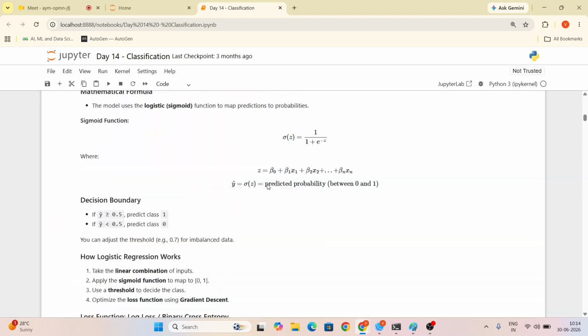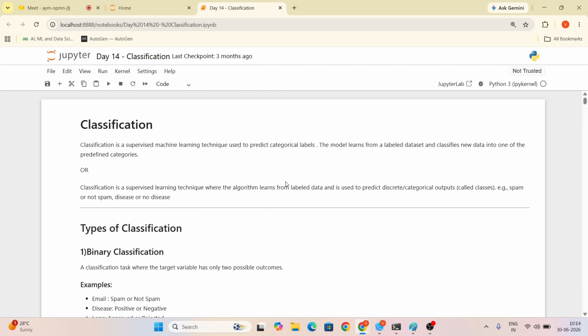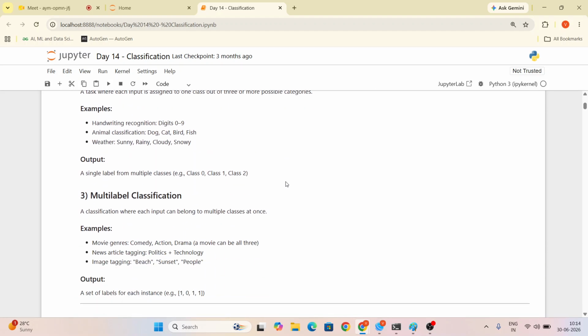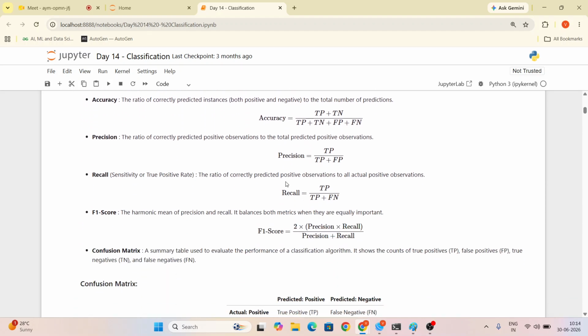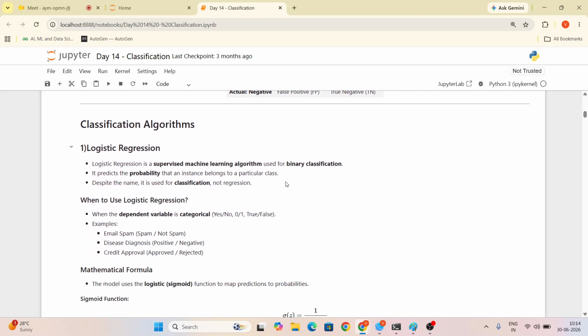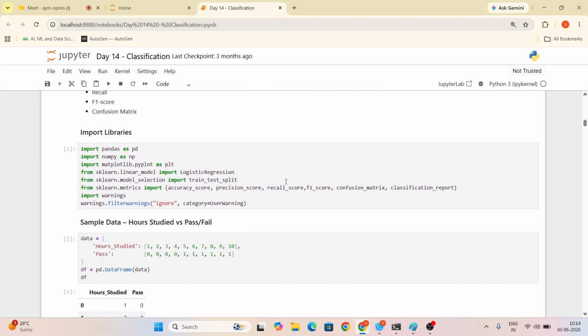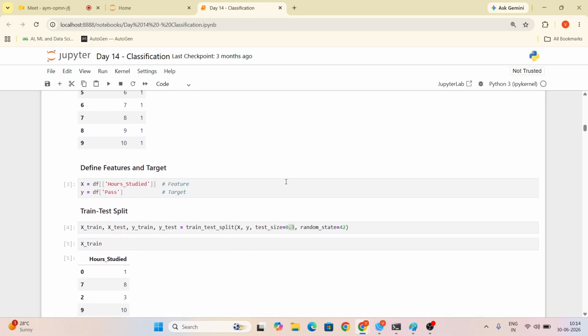Okay. So logistic regression is enough, guys. Tomorrow I will take the remaining part. Today I completed half of the part. Don't worry, I'll scroll through the Jupyter notebook. First you have to do the coding, then you take your notes.